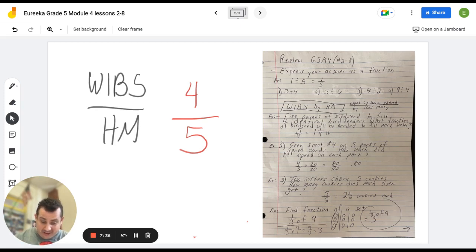I'm not sharing 5 packs of sports cards with $4. I'm not giving the 5 packs of cards to $4. I'm spending the $4. That $4 is being split to the 5 packs of sports cards. So it's going to be 4 over 5.